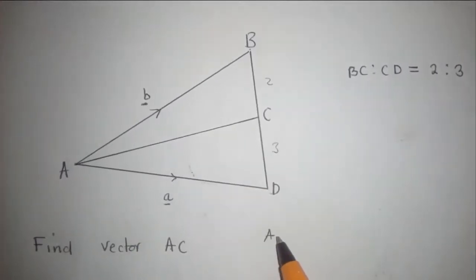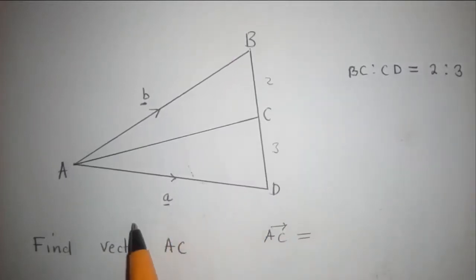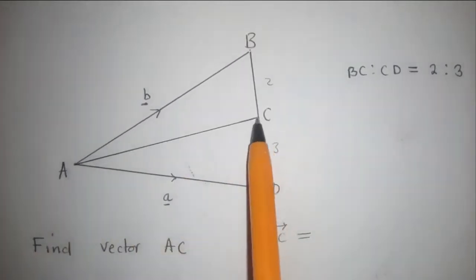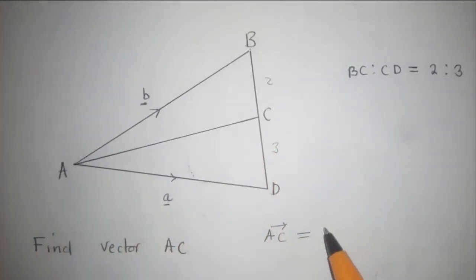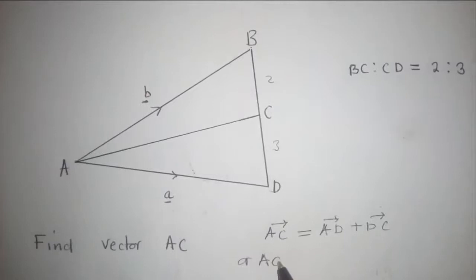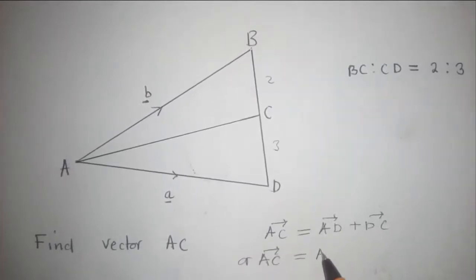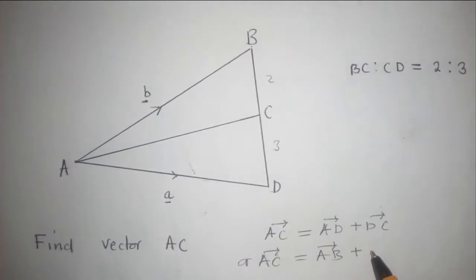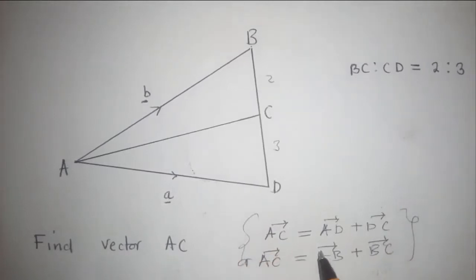They have said vector AC is what we need to find, which when we calculate, AC is equal to AD plus DC, or we can say AC is equal to vector AB plus BC. So we can use whichever between these two. If you want, we can use this one, or this other one over here.